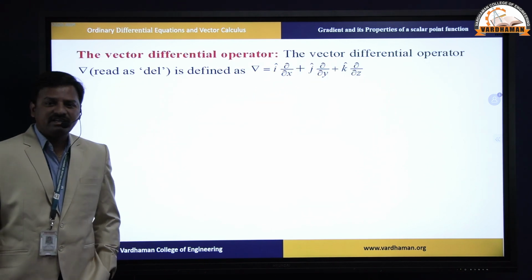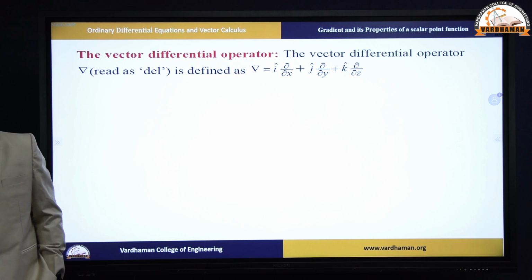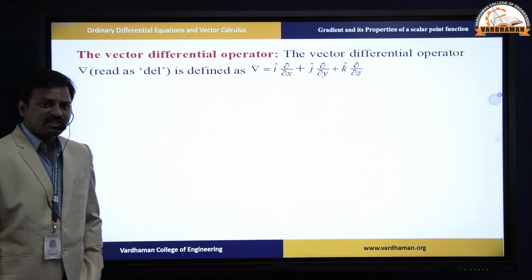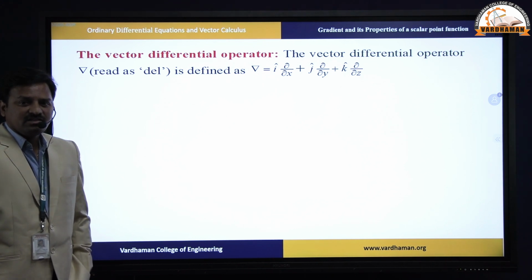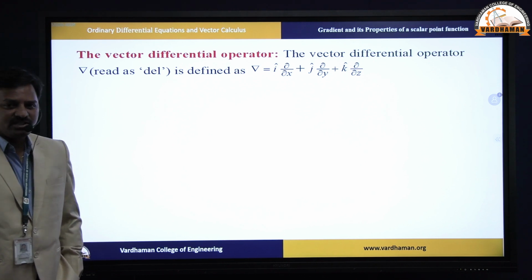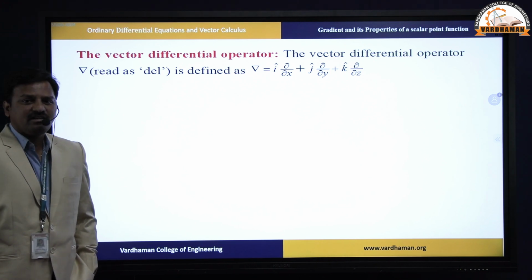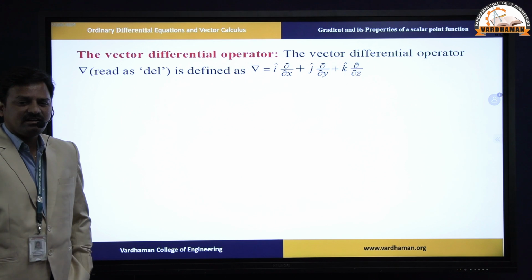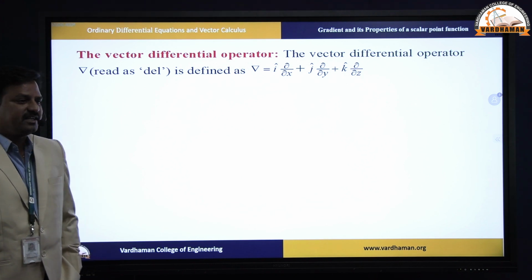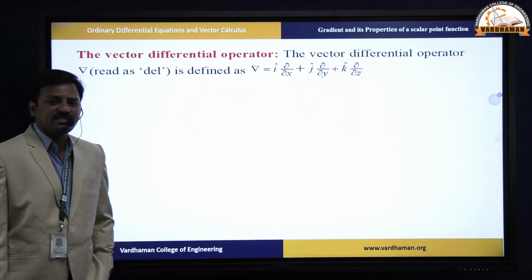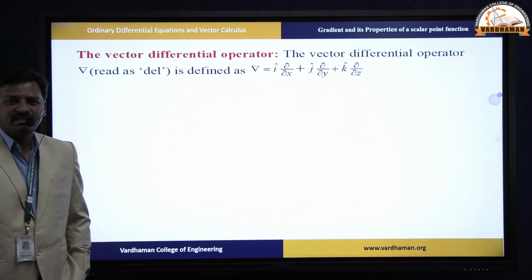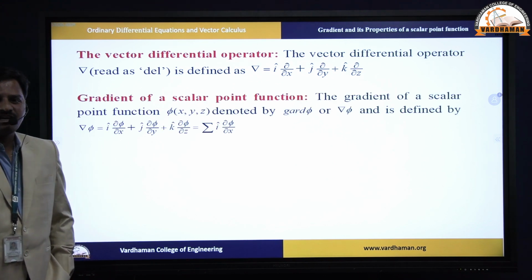We are going to define the vector differential operator, which is the most important for vector differentiation and integration. The vector differential operator is denoted by del and is defined as del equal to i dou by dou x plus j dou by dou y plus k dou by dou z. Gradient of a scalar point function.